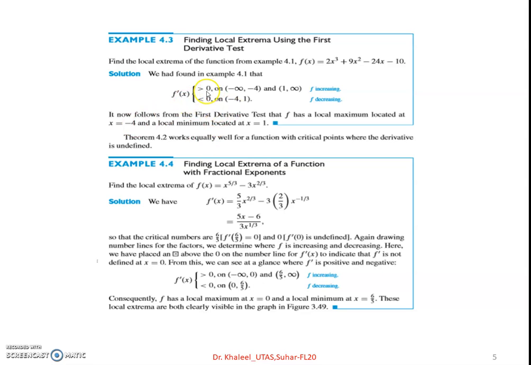Now what I will do, it is increasing here and decreasing here. You see, here first I will take f prime x is less than 0 with this, and f prime x is greater than 0 at this. So first this and then this I combine. So see, 1 and 1 are c. Therefore, f has local minimum located at x equals 1.